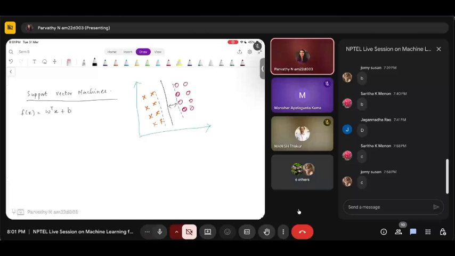And if f of x is greater than or equal to 0, then it is class 1. If f of x is less than 0, then it is class -1. So this is how we describe the classifier.